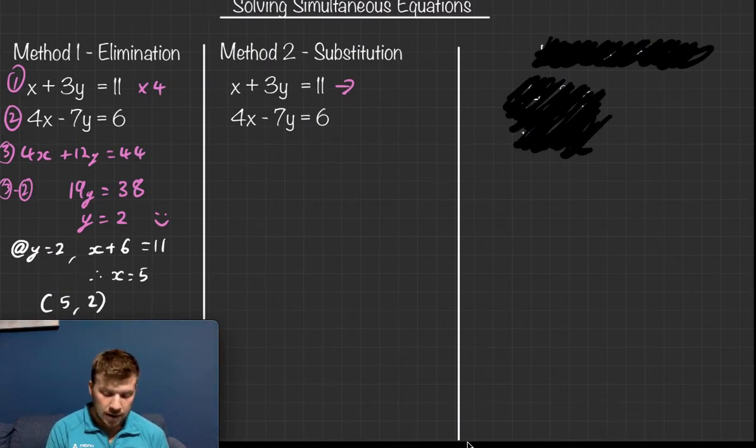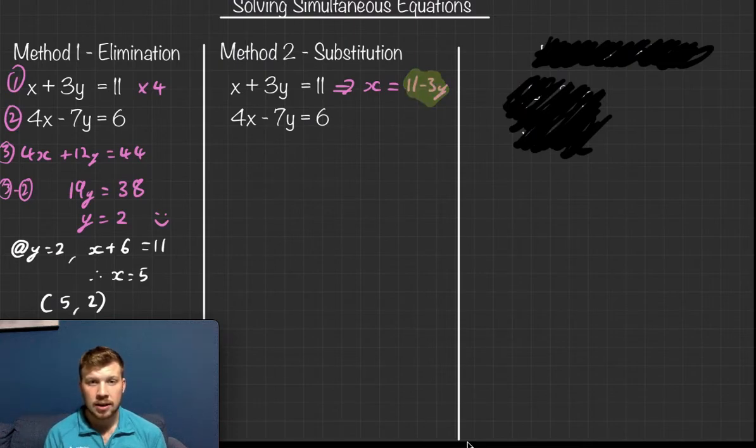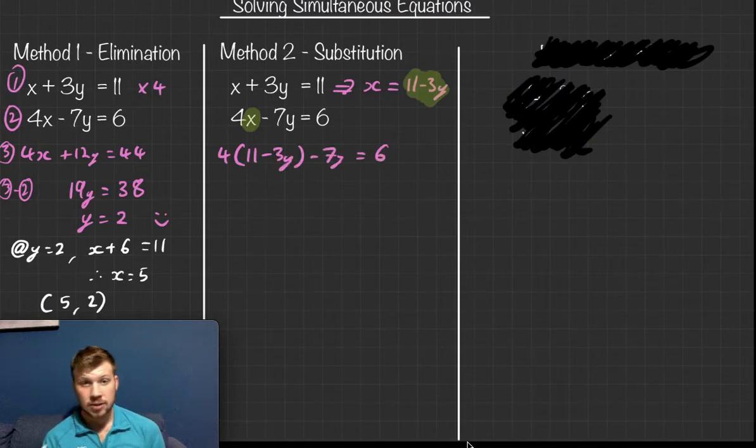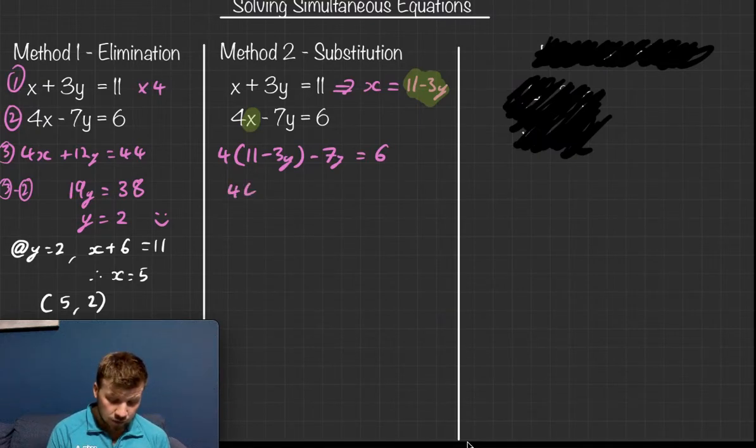Taking away 3y from both sides, I get x is equal to 11 subtract 3y, and now I'm going to use this 11 take away 3y and put it in instead of my x in the next equation. So, 4 lots of 11 take away 3y, take away 7y is equal to 6, and you'll see that I actually get the same next step, which is 44 take away 12y, take away 7y is equal to 6.